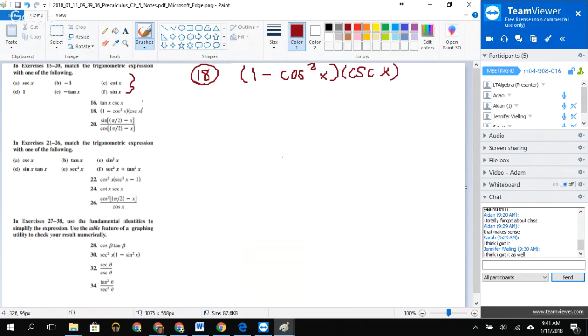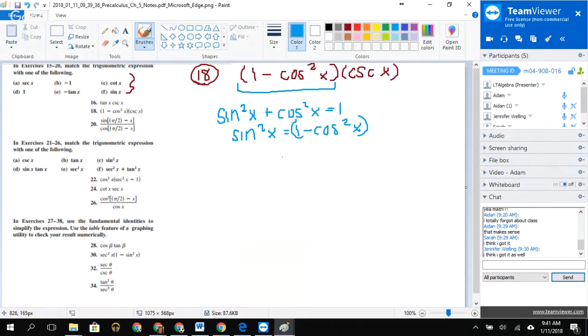Okay, so this first part, we have an identity that says that the sine squared of x plus the cosine squared of x equals 1. Another way that we could rewrite this is that the sine squared of x equals 1 minus the cosine squared of x.